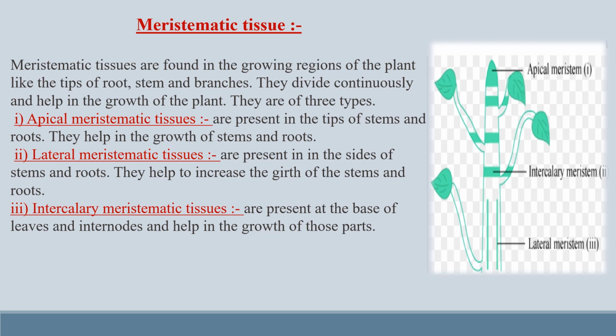After that there is the intercalary meristematic tissue, which is present at the base of the leaf and between the internodes, and it also helps in elongation growth in the grass family. Mainly it elongates the internode distance. Third is the lateral meristematic tissue. These are present on the sides of the stem and root, and their function is to increase the girth of the stem and the root.